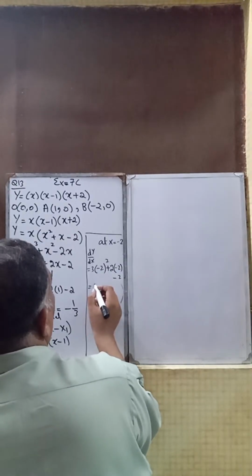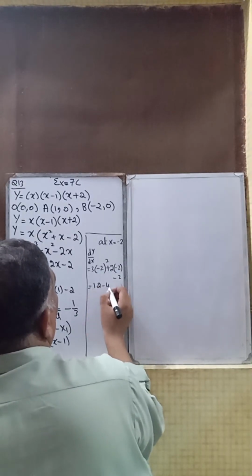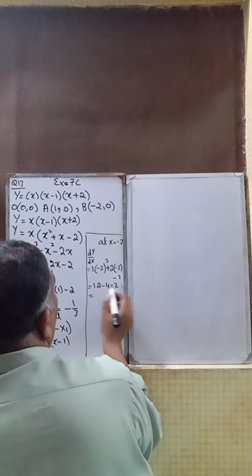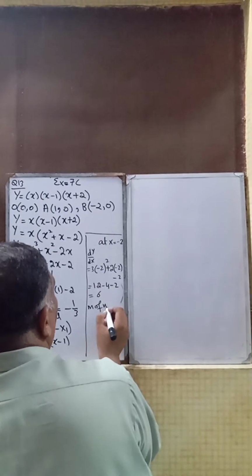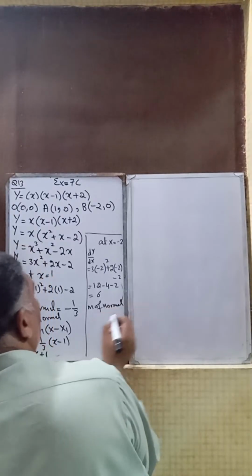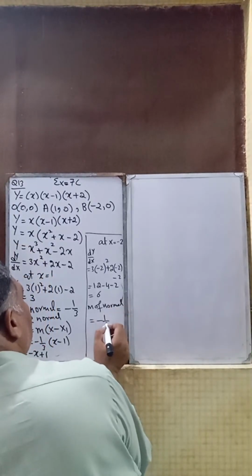So it will be 3 into 4, 12, minus 4, minus 2. It will be 6. So the gradient of the normal will be minus 1 by 6.